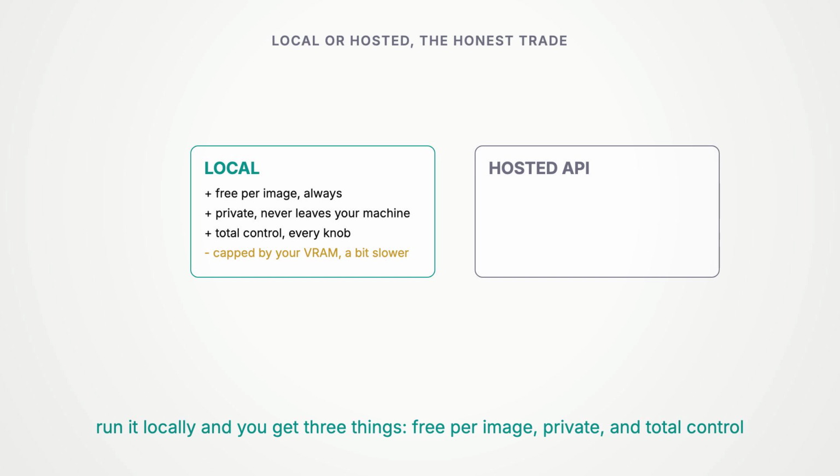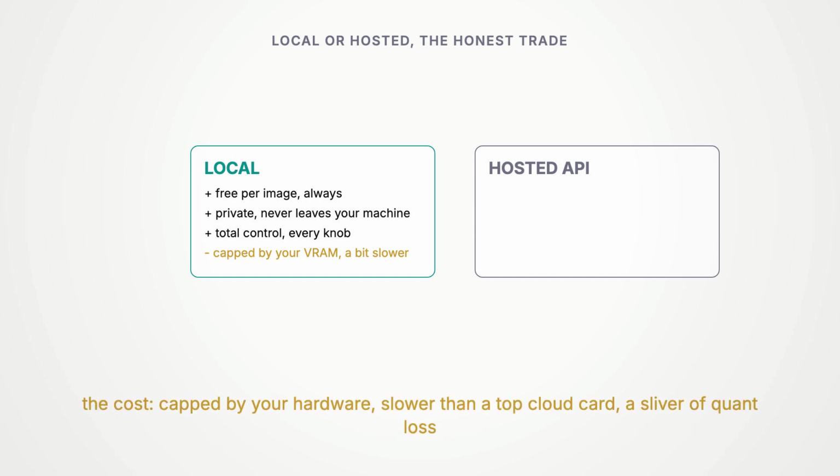Your prompts and pictures never leave your machine, which matters if you are working on anything private. And you have total control, every knob, custom models, no content filter deciding for you. The cost is that you are capped by your own hardware. A top cloud card will be faster, and the quantization you needed to fit your card costs you a sliver of quality.